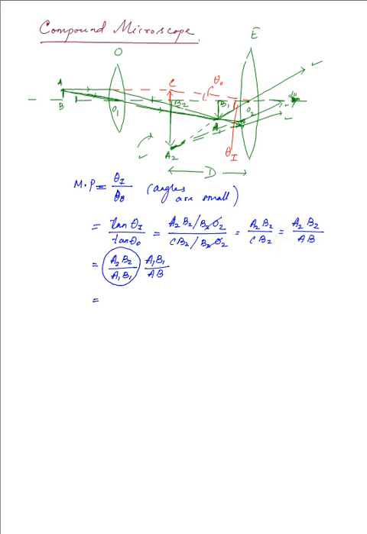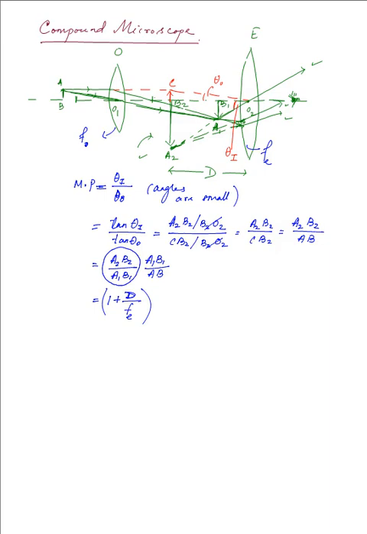Now, if the eyepiece has a certain focal length given by f subscript e, and that of the objective is f subscript o, we have this magnifying power for the eyepiece, which is A2B2 over A1B1, that can be given as what we have obtained for the simple microscope, that is 1 plus D over fe, fe being its focal length, just as I have defined it, because the image is obtained at the near point.